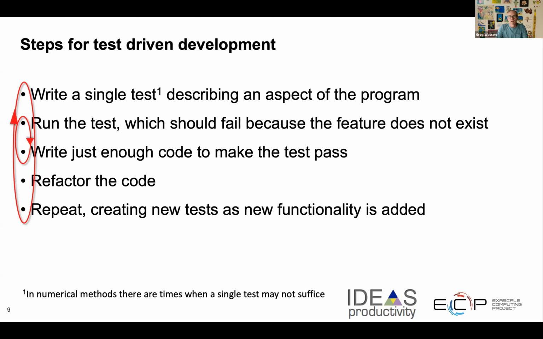You are implementing a new function of the program, so you write a test for that function. Obviously, the code doesn't exist yet, so when you run that test, it fails. And then the process is to write just enough code to make that test pass. And this may be an inner iterative loop where you run the test, it fails, you write some more code, and you keep doing that until you get a passing test.